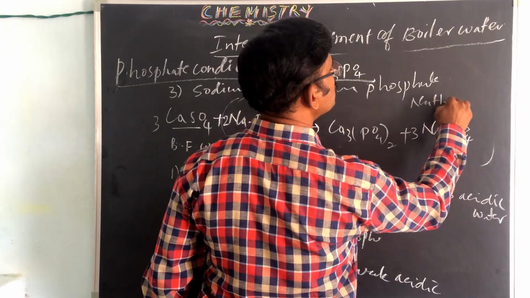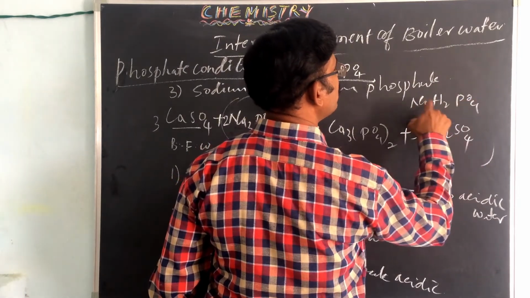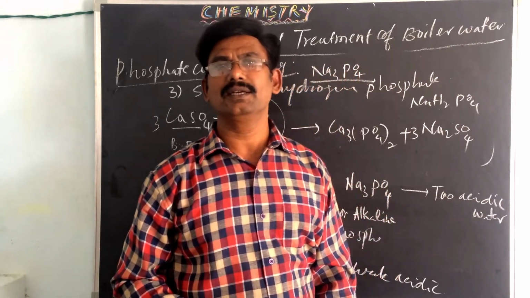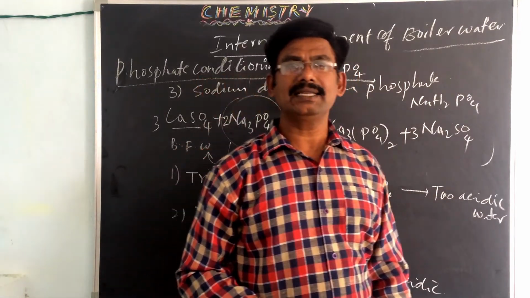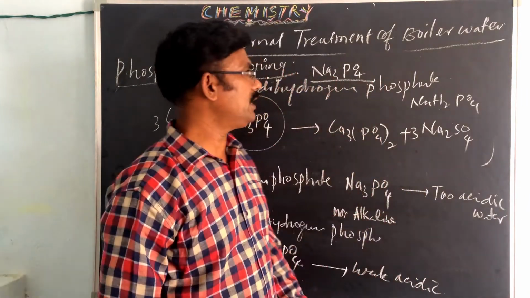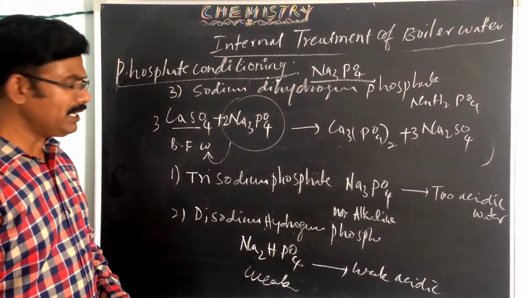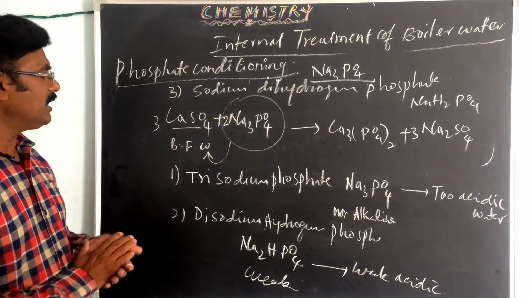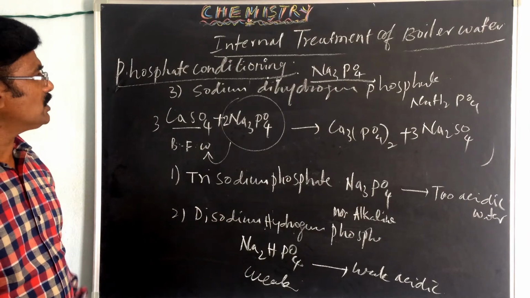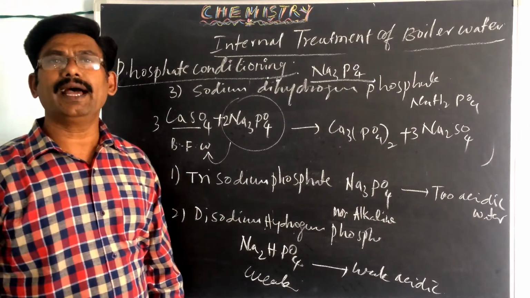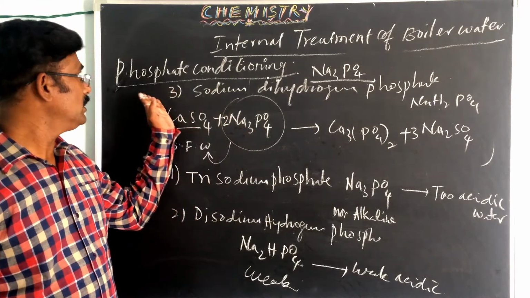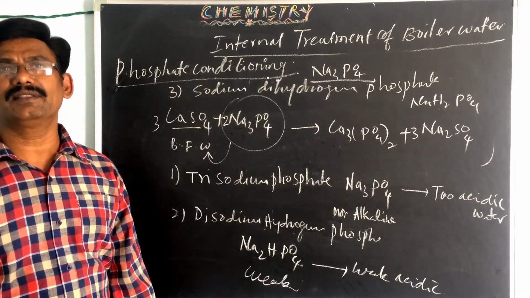NaH2PO4. So it is acidic in nature, and we use it for alkaline water. It's a normal one. Totally how many? Only 3: trisodium phosphate, disodium hydrogen phosphate, and sodium dihydrogen phosphate. So in phosphate conditioning, 3 types are there.